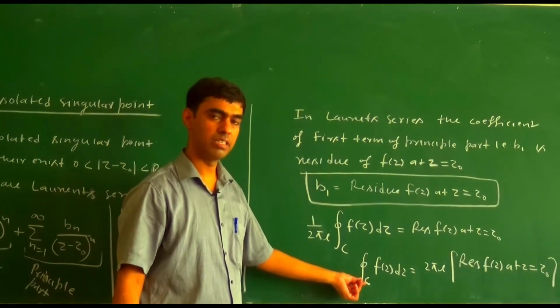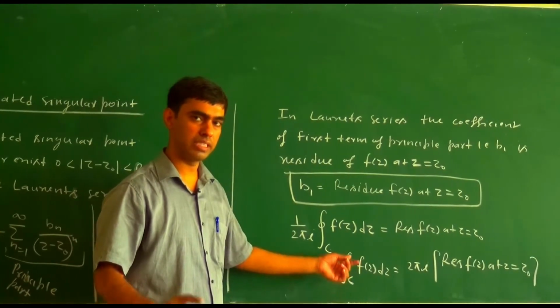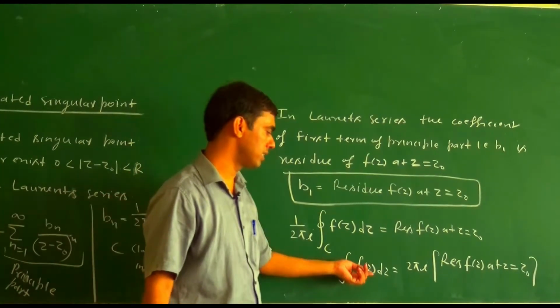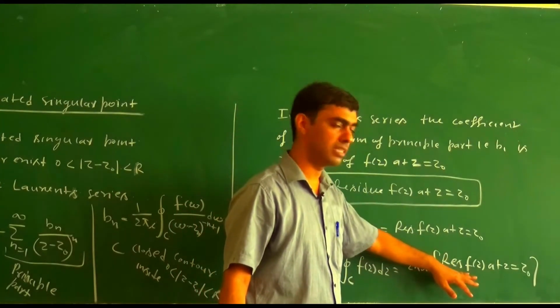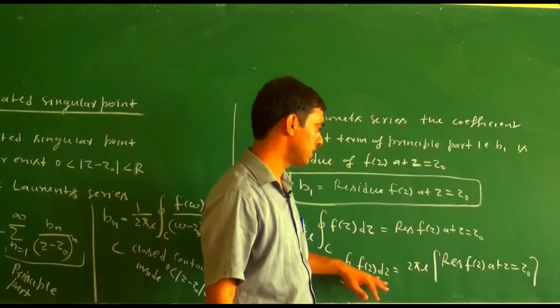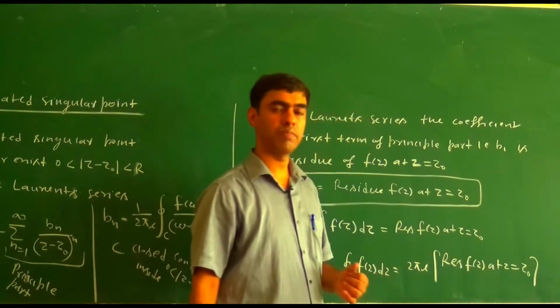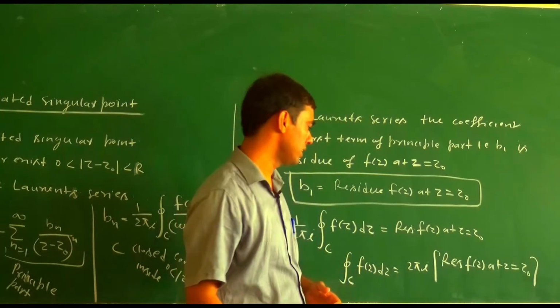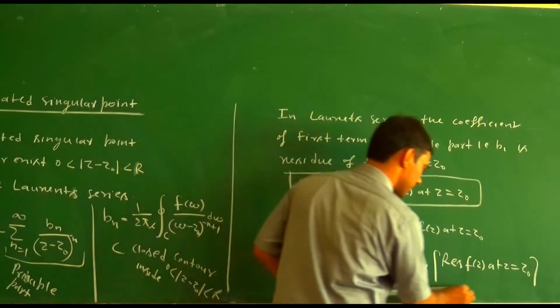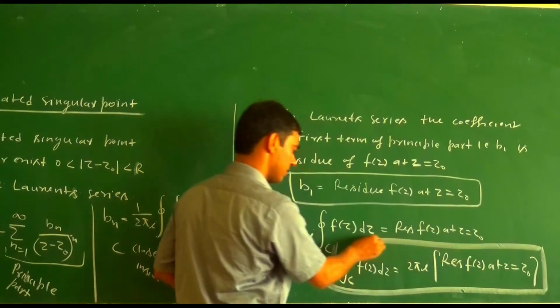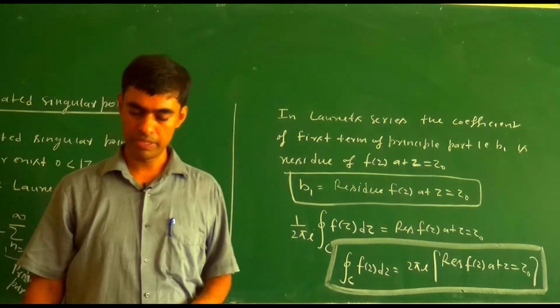Where C is a contour in the region where f(z) is analytic, we find the residue of f(z) at z equals z0 and multiply by 2 pi i, and then we are able to find the integral. That's why this is a very important result for finding the value of an integration.